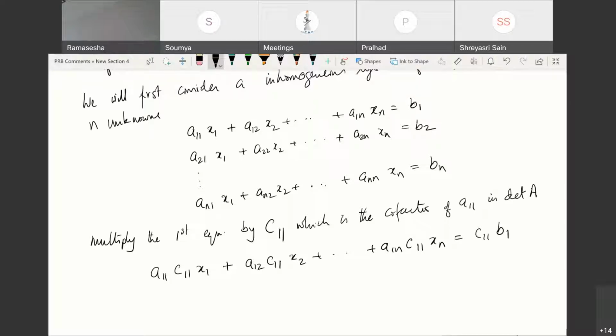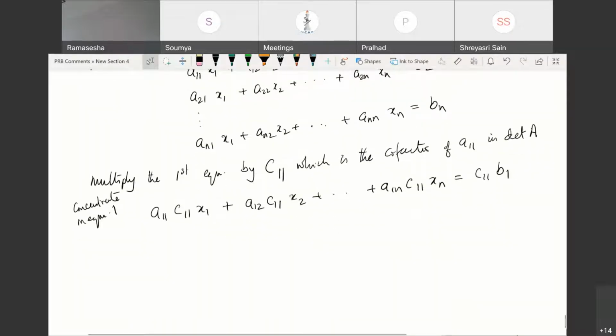I'll only concentrate on first equation. Now what I'll do is I will take the second equation, multiply second equation by C21 and add to first equation. You can do that, right?